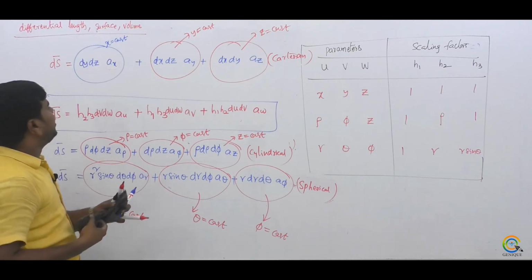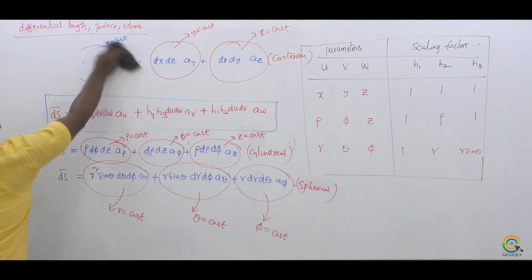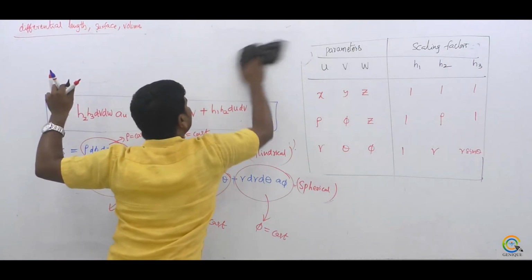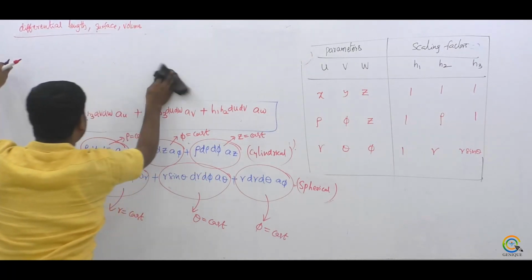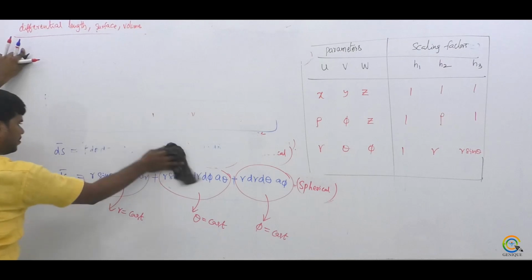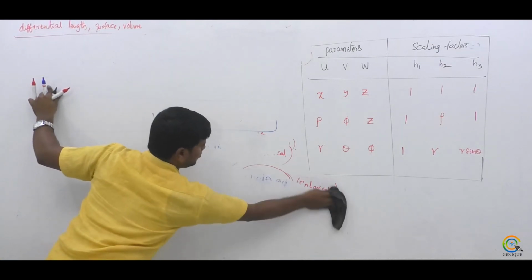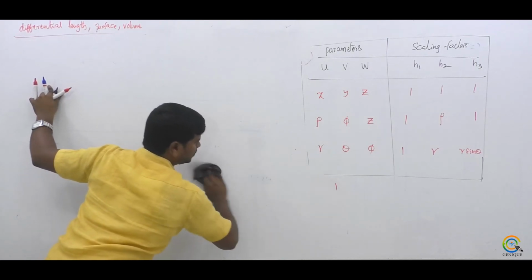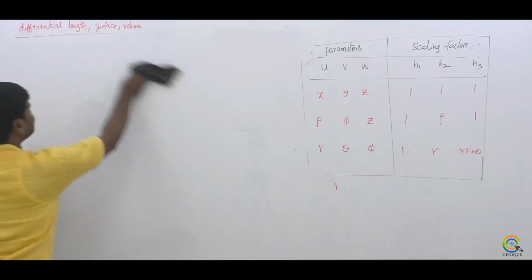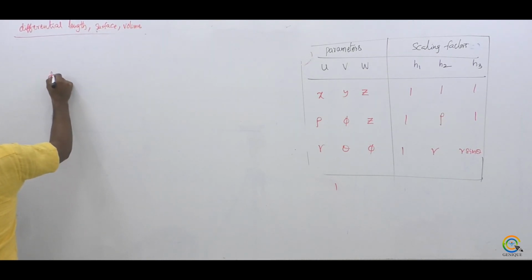And the final thing is the differential volume. What is the differential volume? It is just like length times breadth times height.